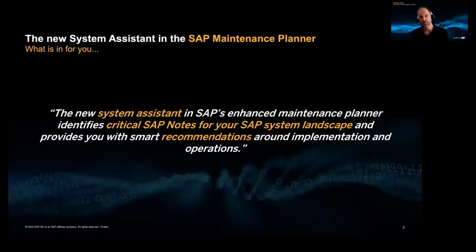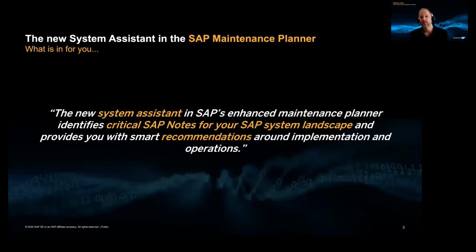The mission statement of the System Assistant is basically to give you as a customer the ability to keep your systems up to date by indicating which SAP Notes are the right ones to install, and then in the future to give smart recommendations around system maintenance.